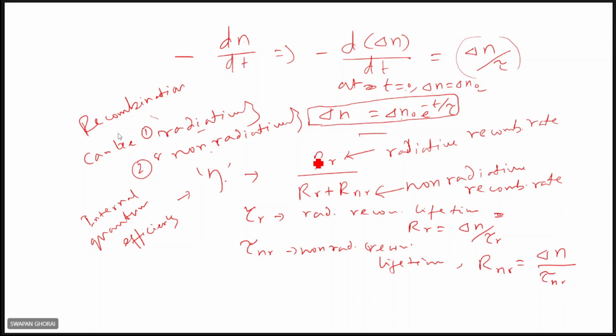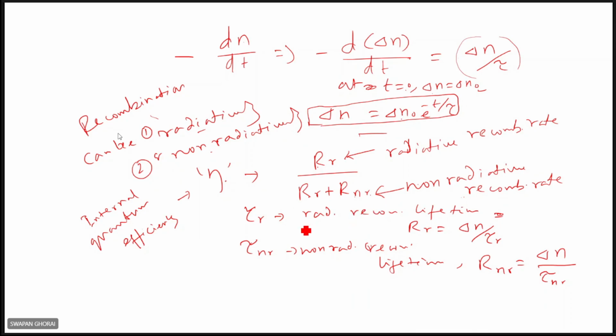That means it is the ratio of RR by total recombinations, radiative recombinations plus non-radiative recombinations. RR is the radiative recombination rate and RNR is the non-radiative recombination rate. Non-radiative recombination means the energy is converted not to radiation but to other forms, such as heat, crystal lattice vibration, phonons, etc.